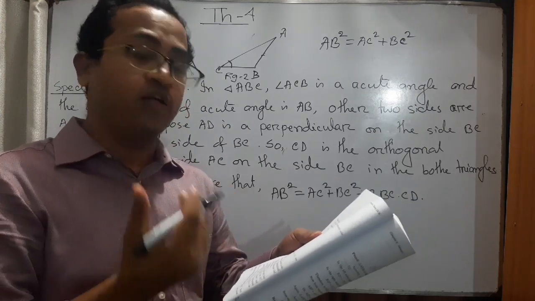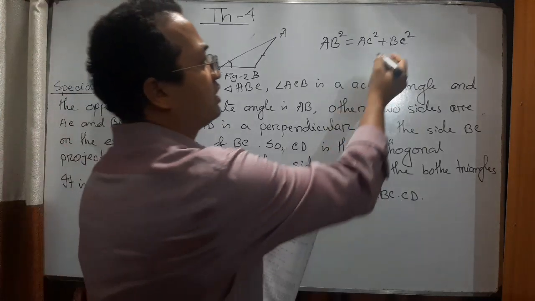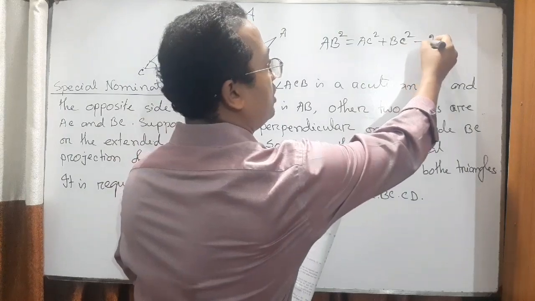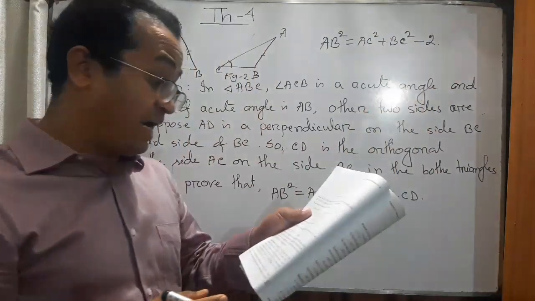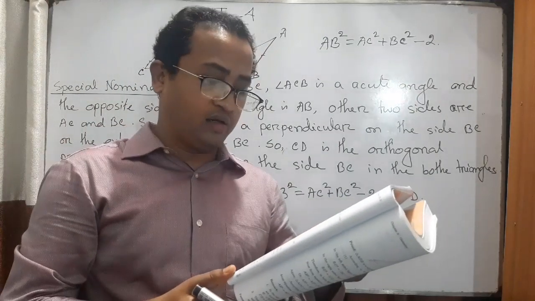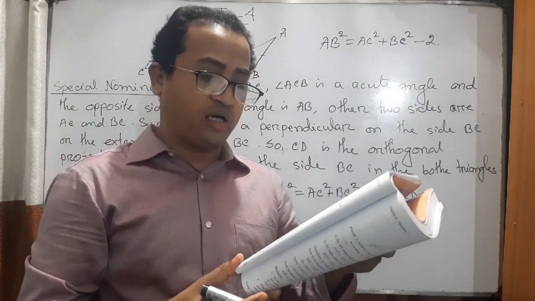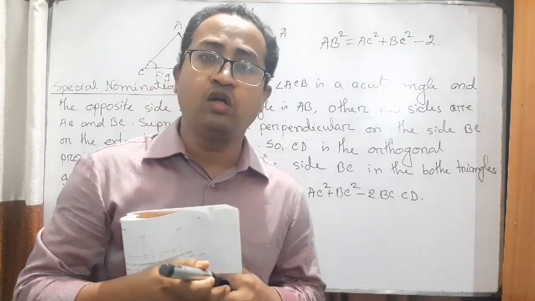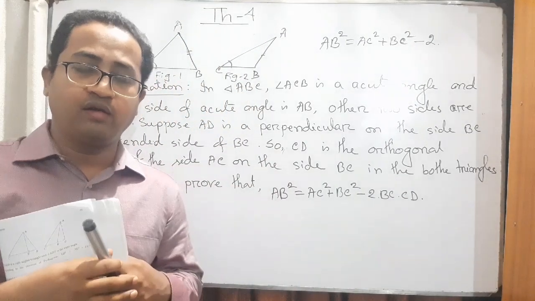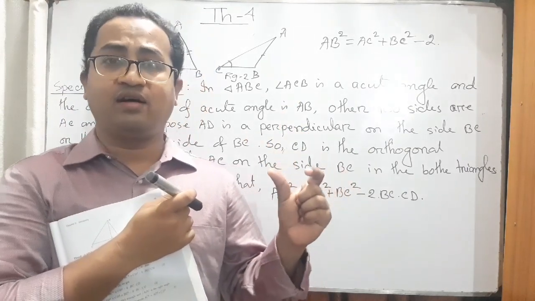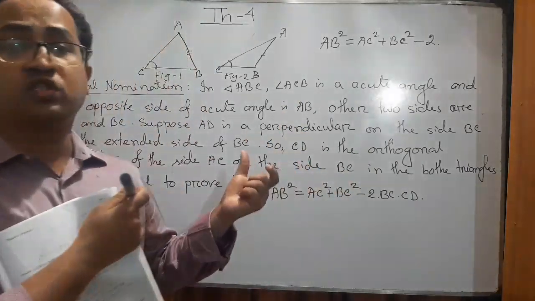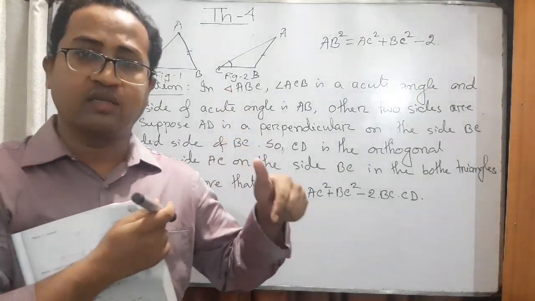Diminished means reduced, that is subtraction. Twice, so I have written 2 over there. Twice the area of the rectangle included by any one of the other sides. Here also we will find the area of the rectangle. You should consider one side as the length and the orthogonal projection of the other side as the breadth.